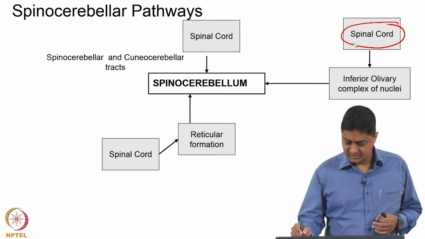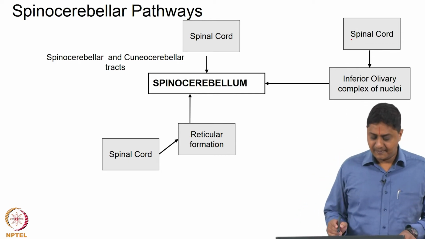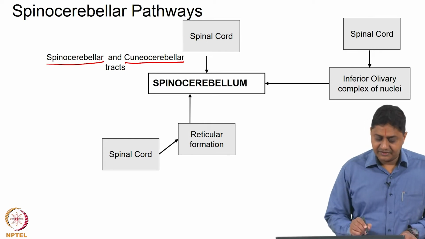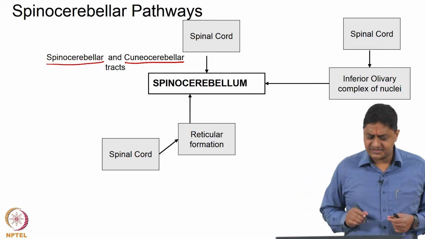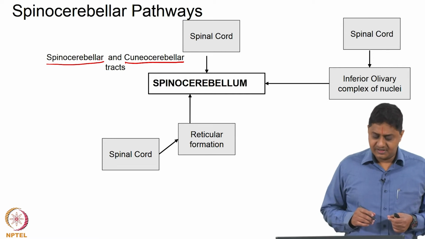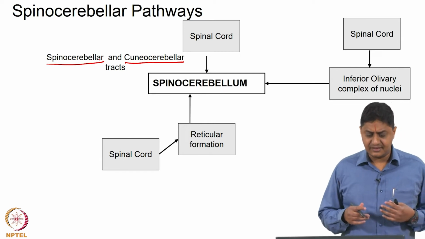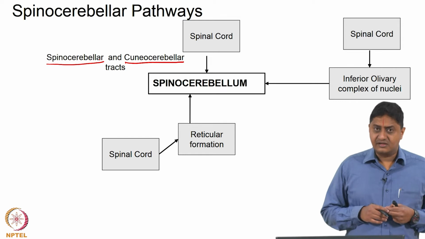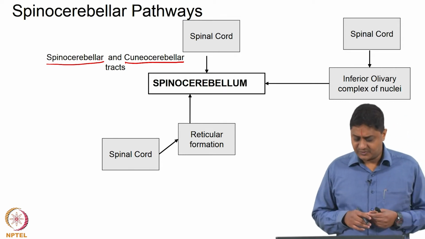One of the most important pathways is the cuneocerebellar and other spinocerebellar tracts. Actually, there are 2 such tracts we will discuss in the future slides. Spinocerebellar and cuneocerebellar tracts are also called by other names. There are dorsal and ventral spinocerebellar pathways.